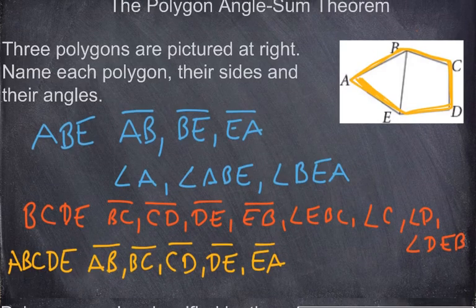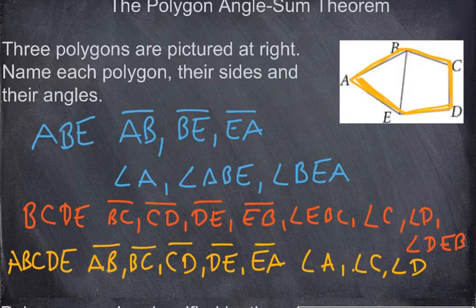Now naming the angles, we're kind of running out of space here. We have angle A. We can also use angle C for 1 letter, angle D for 1 letter, but notice that B and E, again, you have to use 3. But you have to watch out with 3.